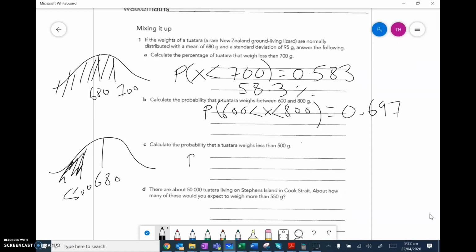So the probability that x is less than 500 is equal to 0.029.